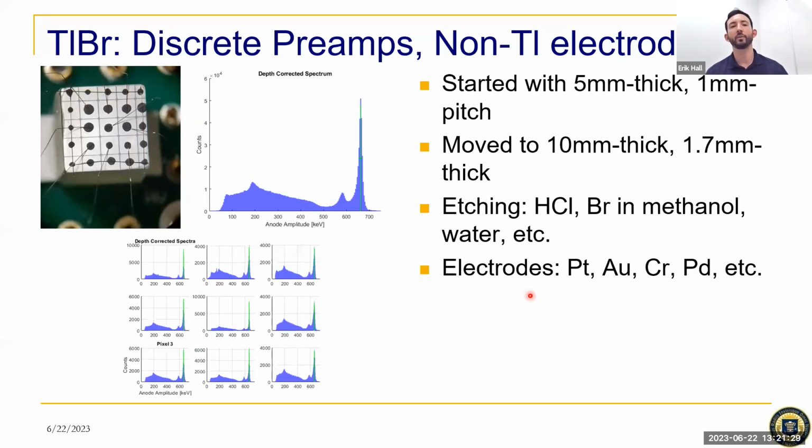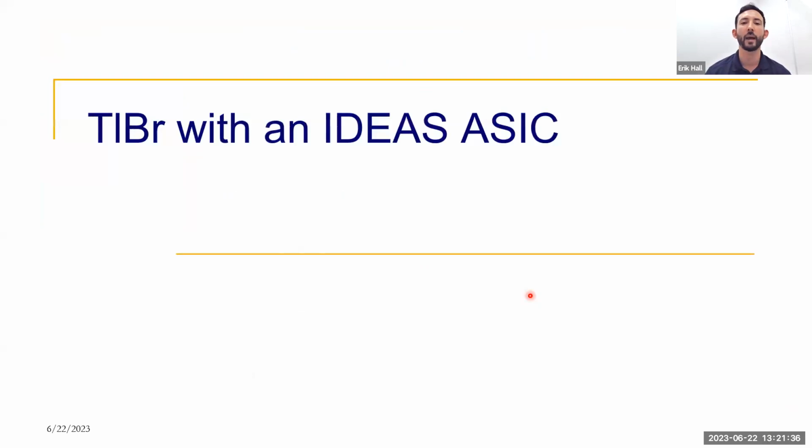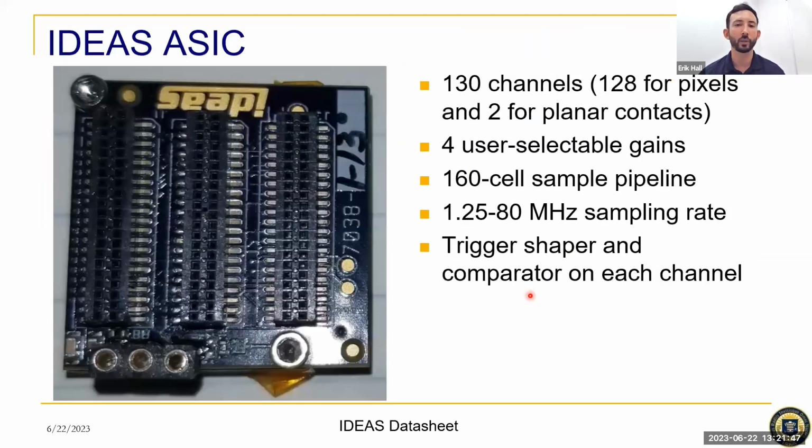After we did all this testing with these smaller samples, we decided to move on to testing thallium bromide with an application-specific integrated circuit. We have one in our group that we developed in conjunction with Ideas of Oslo, Norway, and here's a picture of it. This helps shrink down our readout electronics, and in the process also reduces all the trace lengths and helps us reduce electronic noise introduced in the measurement.